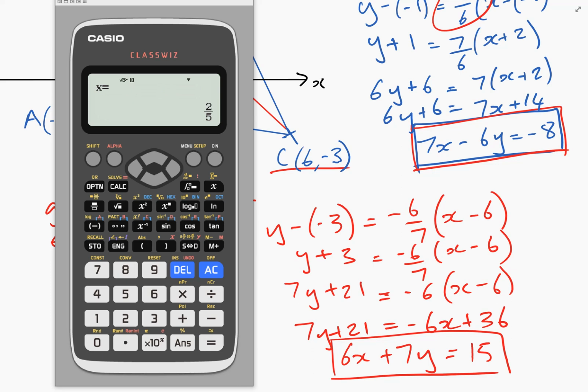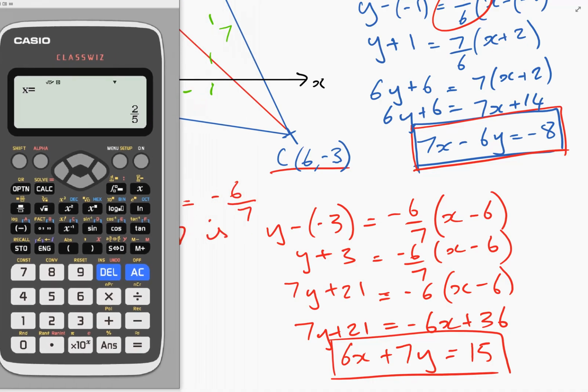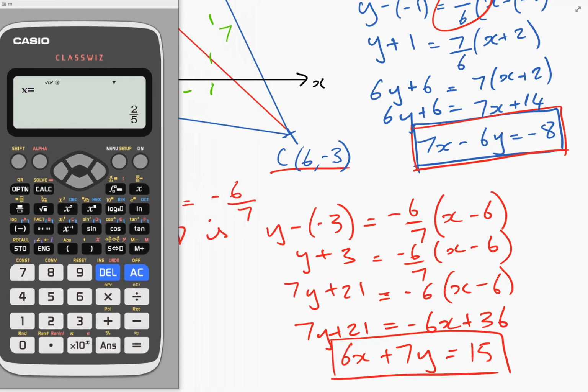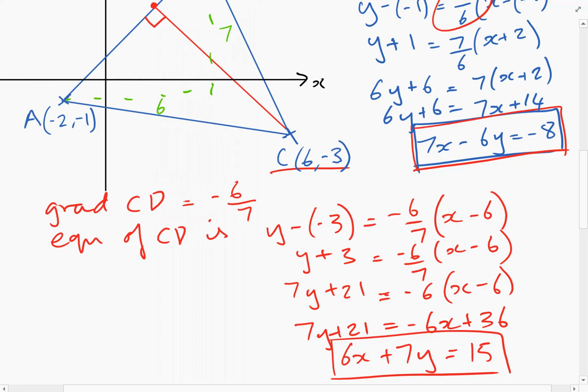We only care about the x value in this question because it doesn't ask for the coordinate, it doesn't ask for what y equals, so we can just write down that the final answer is x. So at point D, x equals 2/5, which is the answer to the question.